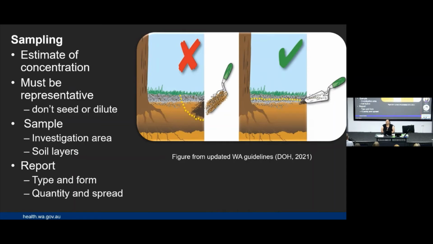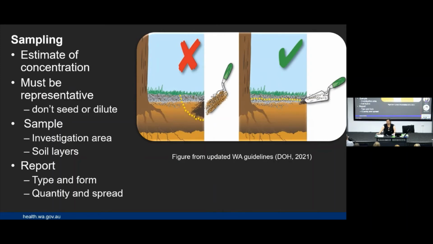So what we want you to do is make sure when you're doing your sampling that it is looking at your contaminated layer or your suspect contaminated layer of material, and that your quantification actually means something because you're looking at something representative of the material that's contaminated. You need to be representative in order to get any kind of accuracy or even anywhere near an understanding of the estimate of the concentration.